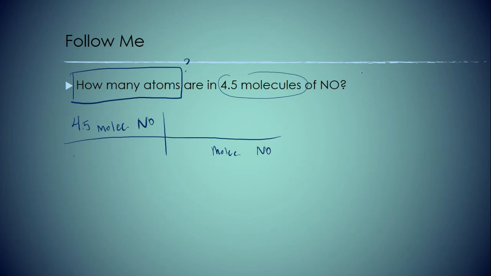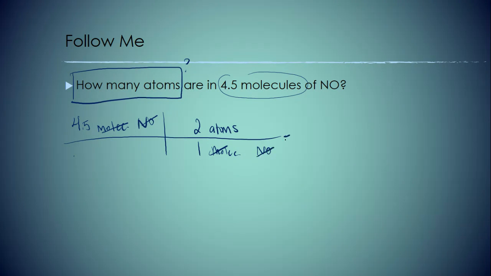Well, you should know from all of the chemistry that we've done previously that NO is a molecule, and it's made up of atoms. If you look at the formula, it'll tell you that it's 1 atom of N and 1 atom of O. There are 2 atoms in every molecule. So this is one where I do not need that extra step. There are 2 atoms for every 1 molecule of NO. I won't be going to moles with this particular one.